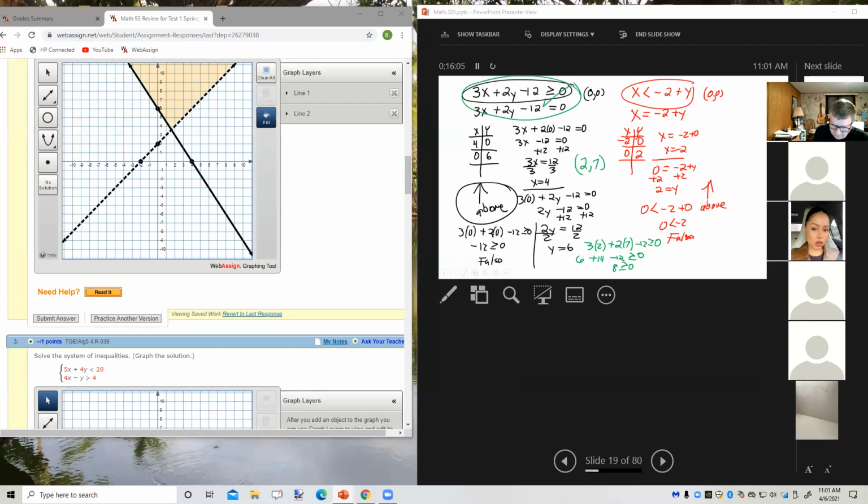That checks. Let's take this and put it in the red inequality. x2 less than negative 2 plus 7, 2 less than 5. That checks as well. So the answer is correct.